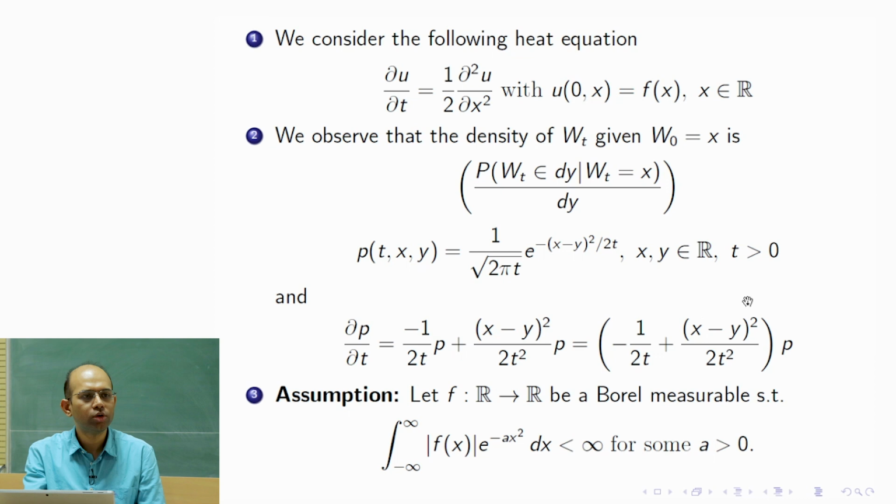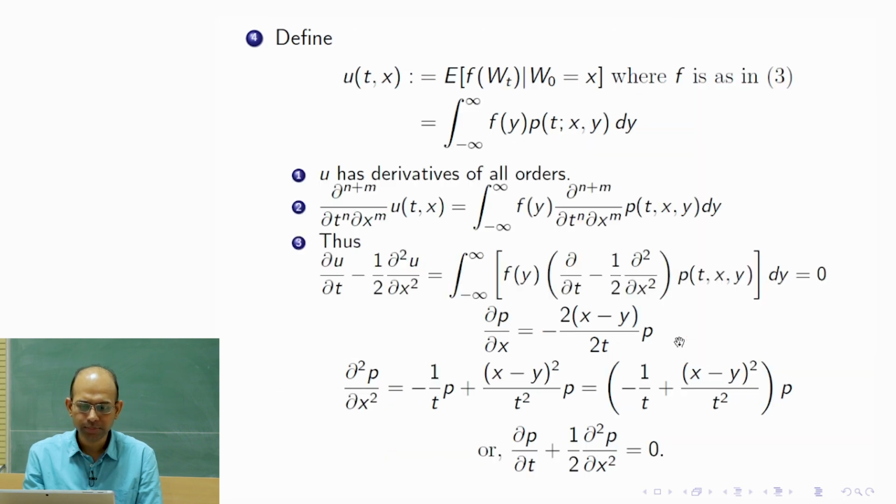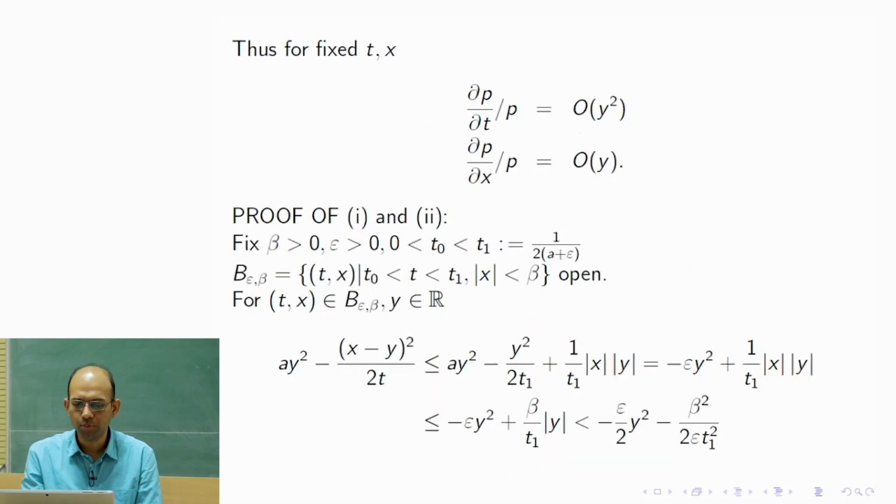So it does not grow more than the power of y square, correct. It is parabolic at most. And del p del x by p is of order y, I mean, it does not grow more than that. So these are the growth estimates which we would require for our proof. So, proof of 1 and 2.